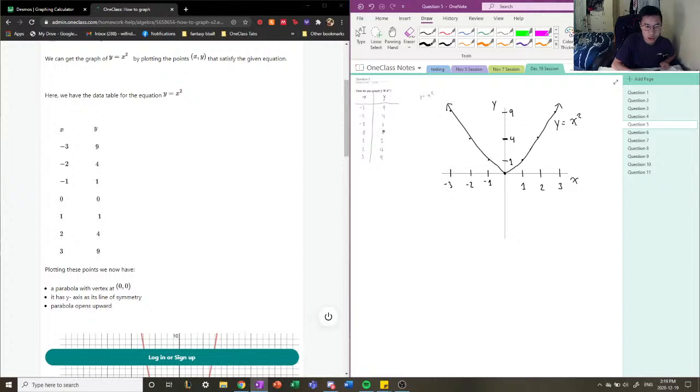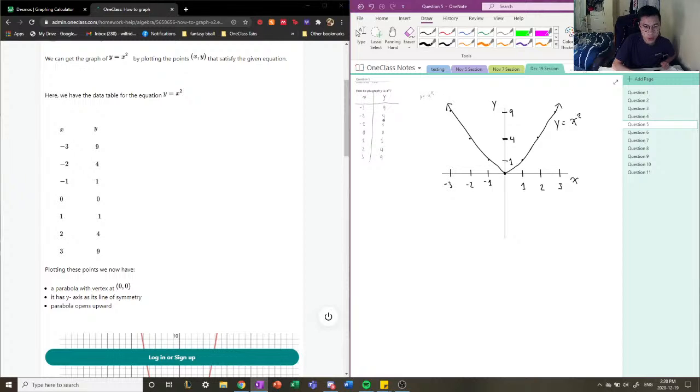From there, we can also see that our vertex, or our minimum value, is 0, 0. There's no value of y that is less than 0. In our testing points, we tested both sides of the axes. Another important fact is that our y's are always positive, because of the nature of y equals x squared.